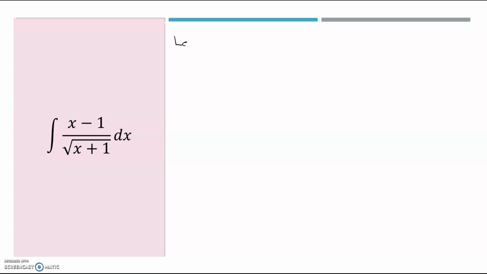So let's say let u equal root x plus 1. So that's a bit nasty to differentiate to find the dx. So let's square that. And that then will give us two things.